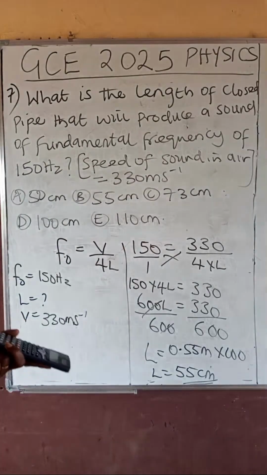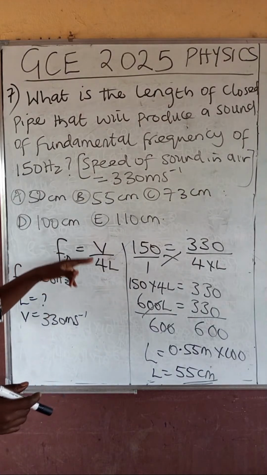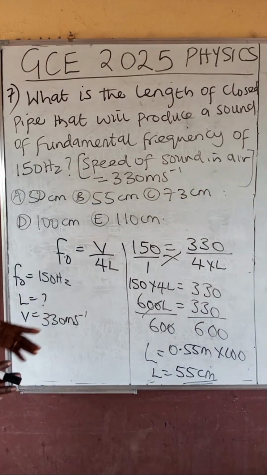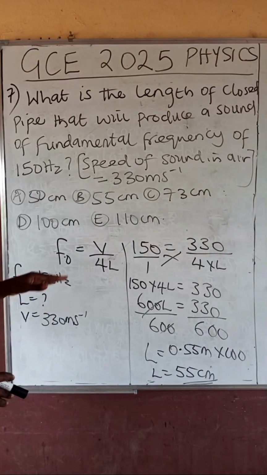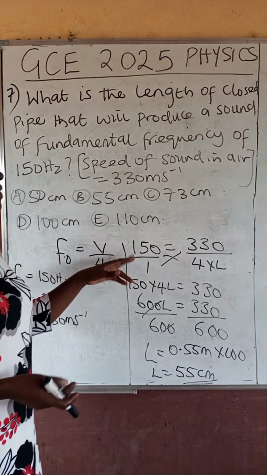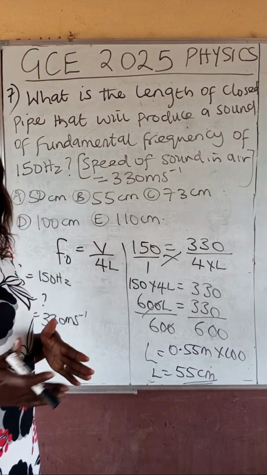Is it clear? Let me do a recap. The fundamental frequency of a closed pipe, F naught, is equal to V over 4L. F naught is given as 150 Hz, we're looking for the length, and we have the speed of sound to be 330 meters per second. Substituting, 150 over 1 is equal to 330 over 4L.